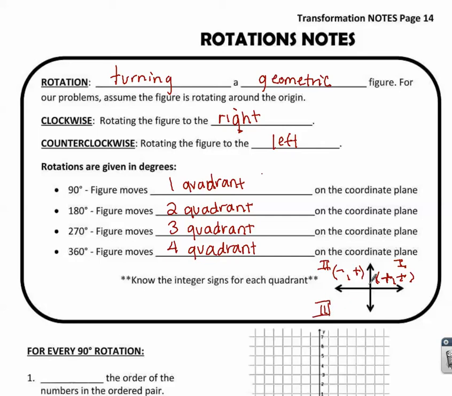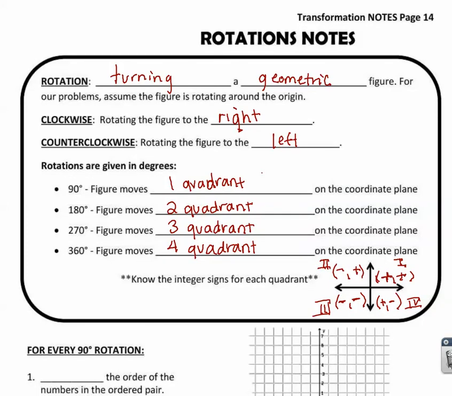In quadrant 3, you're going left, so your x is negative, and then down, so your y is negative. And in quadrant 4, you're going right, so your x is positive, then you're going down, so your y is negative. This will help you get your answer each time.